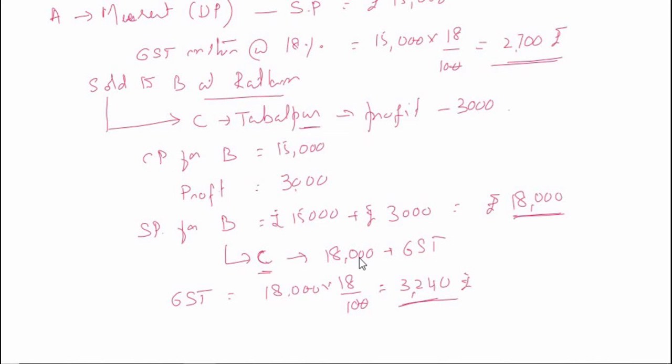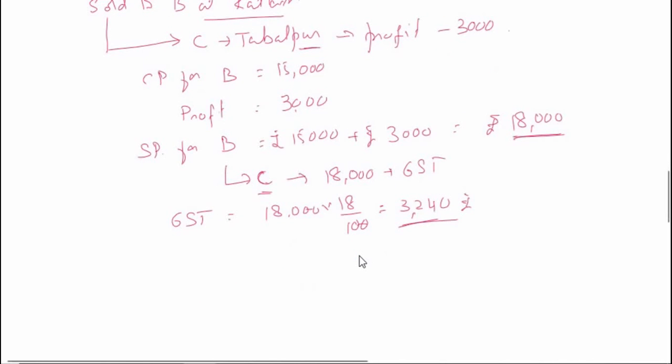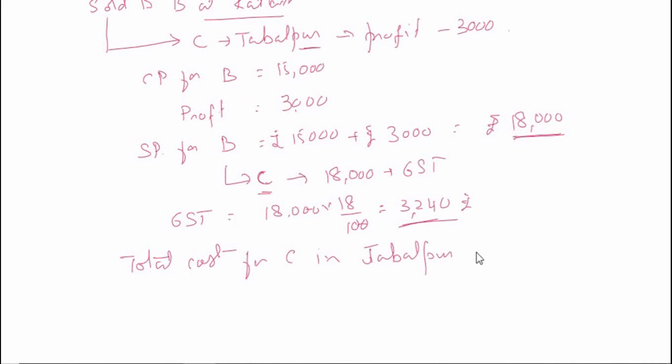So what we need to calculate is the total cost of goods and services for dealer C in Jabalpur. So total cost for C in Jabalpur is equal to 18,000 he has paid to buy the item from B, and on this he also paid GST of 3,240.